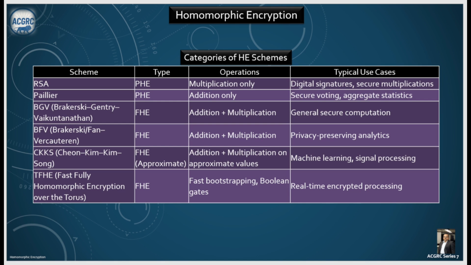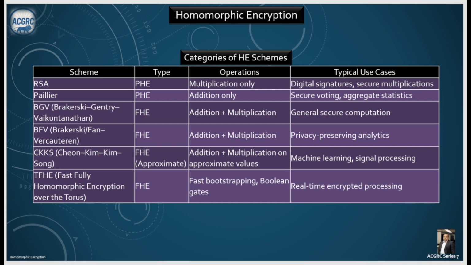Then we have the Brakerski-Gentry-Vaikuntanathan, or BGV, which is fully homomorphic encryption. It supports addition and multiplication. Then we have Brakerski/Fan-Vercauteren, or BFV.